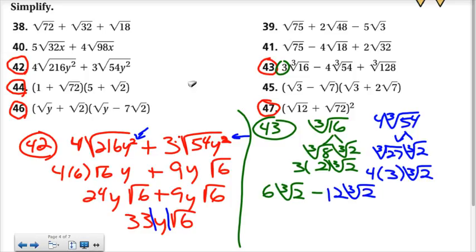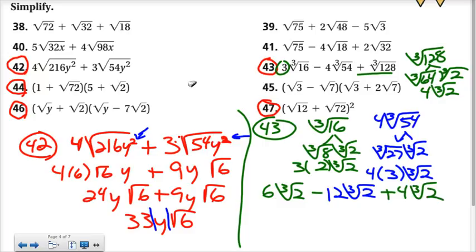So a lot of little simplifying taking place here. All right, and then the last one, the cubed root of 128. So we think, all right, 128, if we divide that by 2, we'll get 64. So 64 and 2, well, that's going to give me 4 cubed roots of 2. And I was supposed to add that.